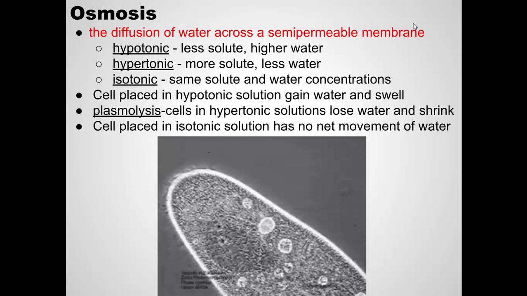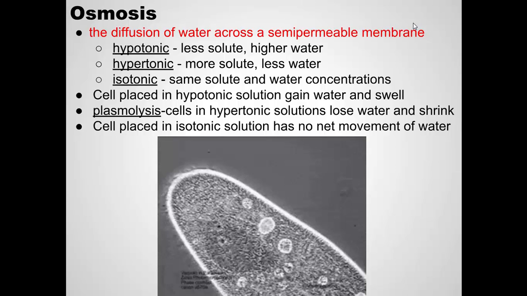So we have some terms that we use to describe, when we're comparing the concentrations of two solutions, these terms we use: hypotonic, hypertonic, and isotonic. So these have to do with how much of the solute is there. Is there a lot of solute and less solvent, or vice versa?